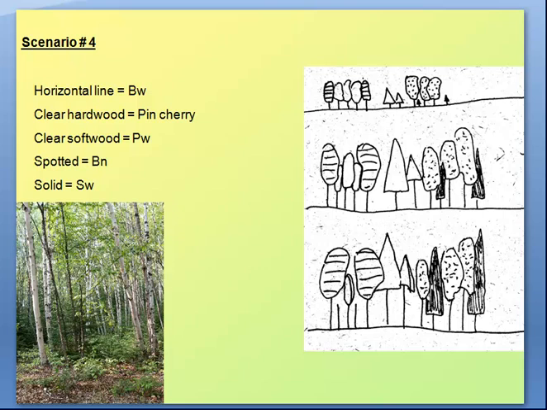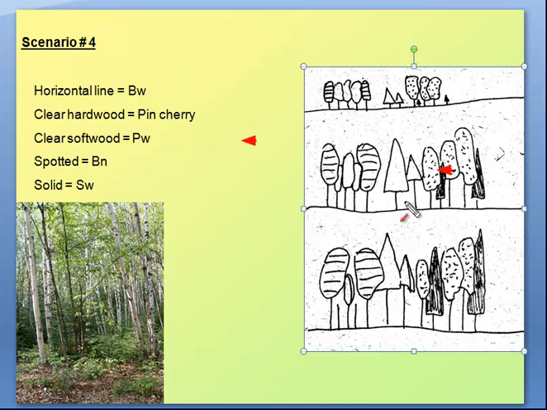So this is another scenario. In this scenario, these are white birch. These are the ones with the horizontal lines. Okay, let me see if I can get this. The pin cherry are these guys here, and then we have the clear softwoods, which is white pine, and spotted is butternut.